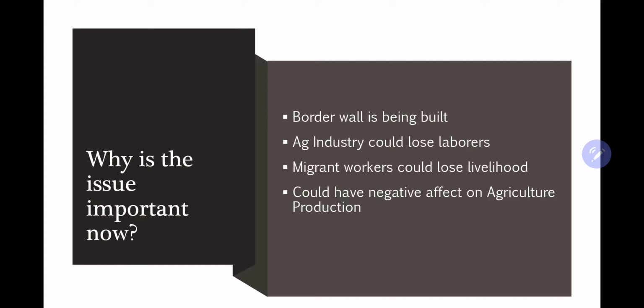Some people bring up that there should be no restrictions, that it should be open border, but we'll get more into that. The migrant workers that are there illegally could lose their livelihood if they're deported, living in America. And then it could have a negative effect on ag production. Again, it's kind of the same thing as the second bullet point. Could lose laborers.